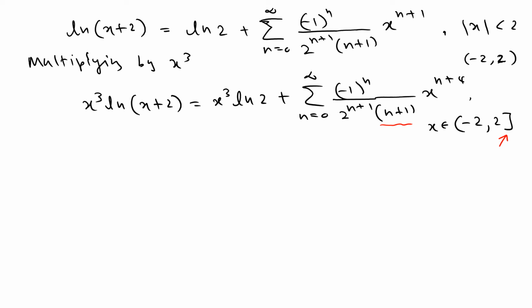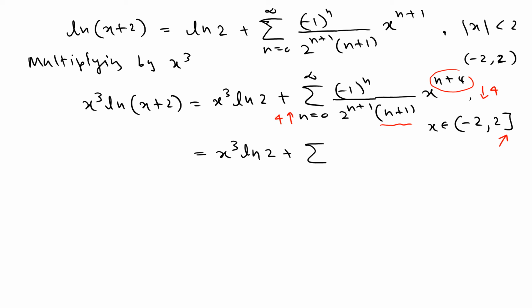Good, so that's the kind of idea. And also, if you want to write this one using x to the n, we can do that. You bring down by 4 and go up by 4, so this is the final answer if you want to go that route. So this is x cubed ln 2, and then here you're going to go down by 4, up by 4, outside up by 4.